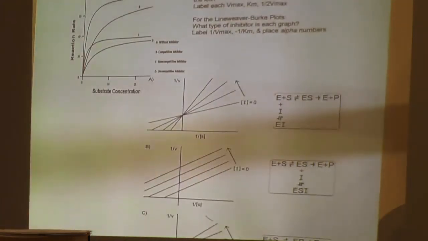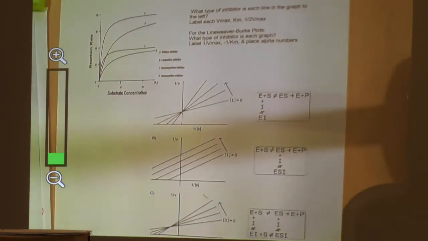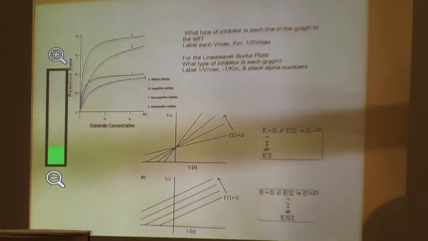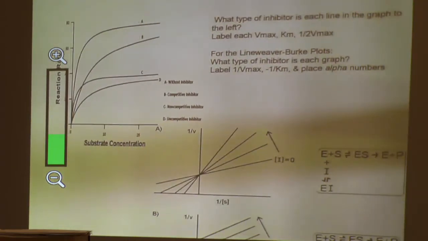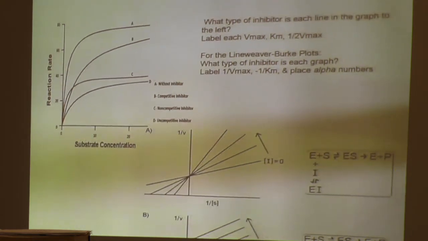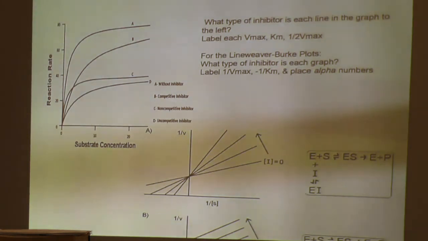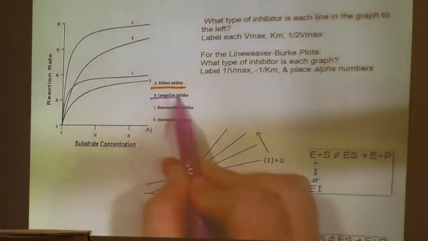All right, I'll just zoom in on this. Okay. So, I'm going to use all my different colors because this graph can get confusing if you don't use different colors.